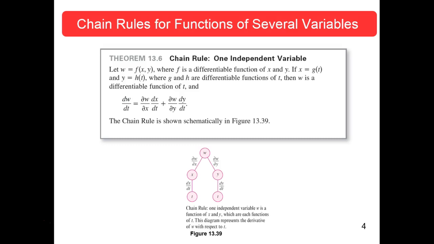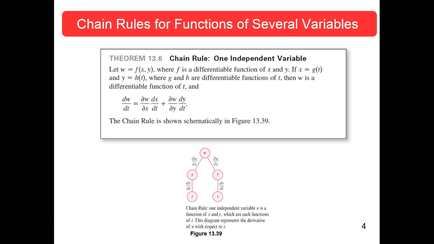Starting off with this theorem. Now they just say chain rule, singular, for one independent variable. Oh, we're used to this, aren't we? Okay. Let w be a function of x and y.